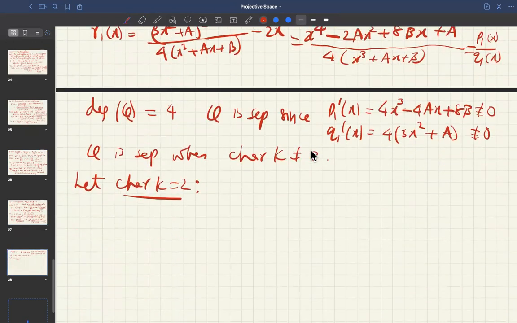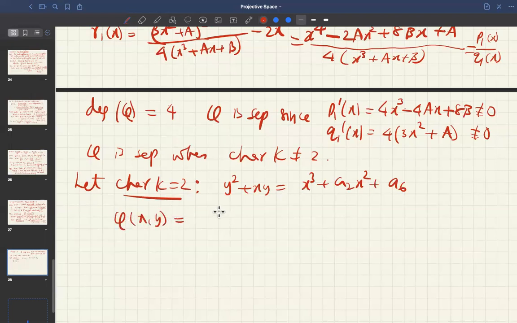Now in characteristic 2, we have to say something. You remember that the equation is of the form y squared plus xy equals x cubed plus a2 x squared plus a6. Here the doubling phi of xy is given by this.